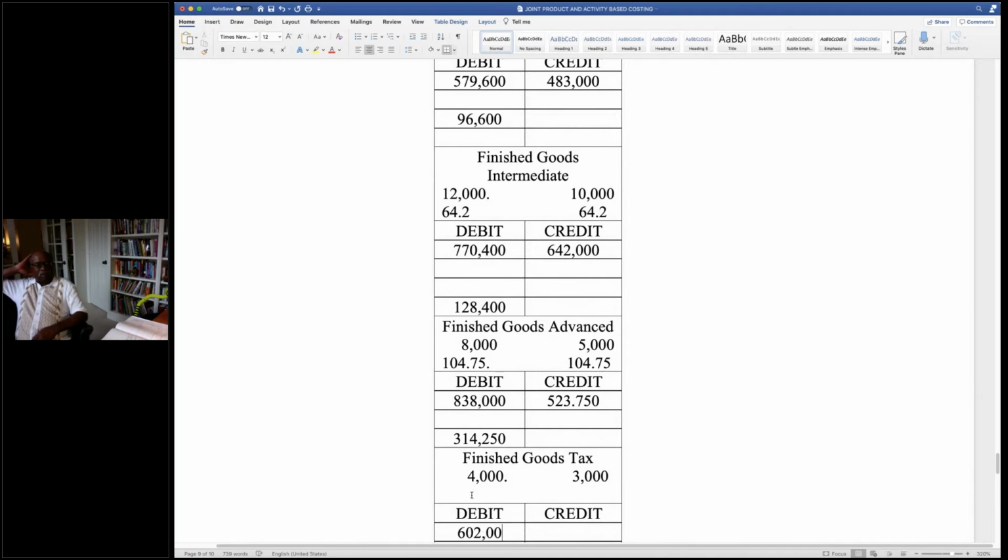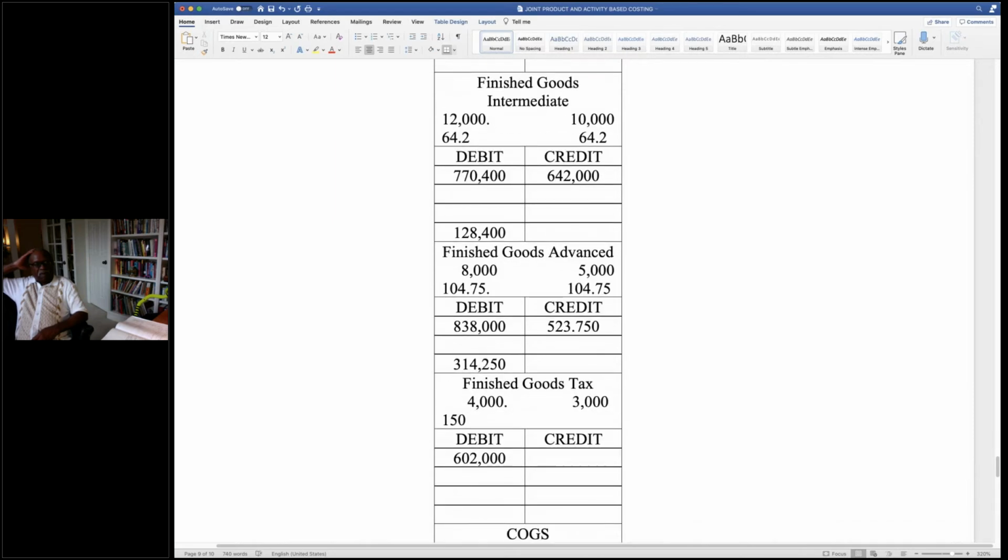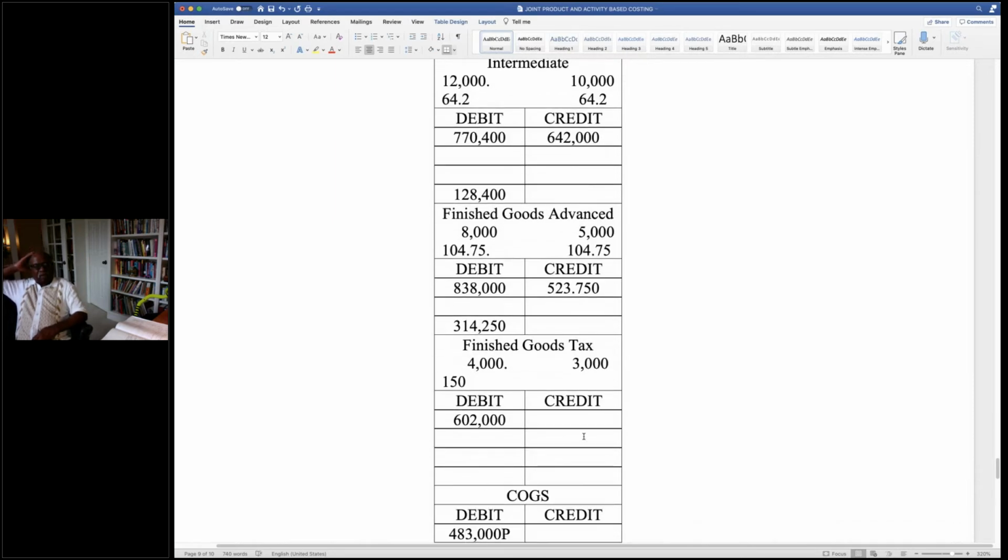And when we divide 4,000 and 602,000, we get 150. The credit is gonna be 451,500. And then both of those are gonna be 150.50.